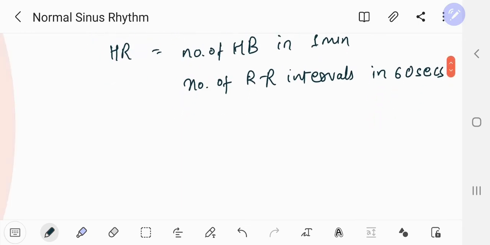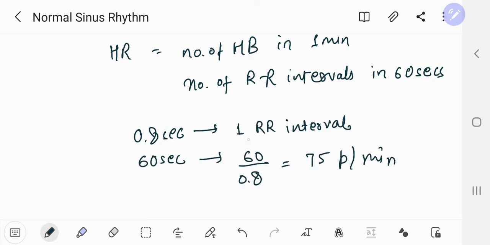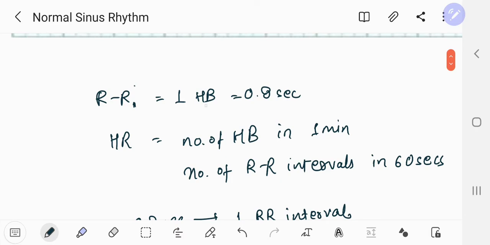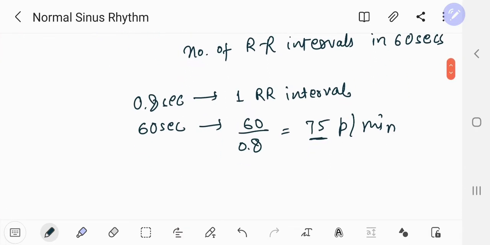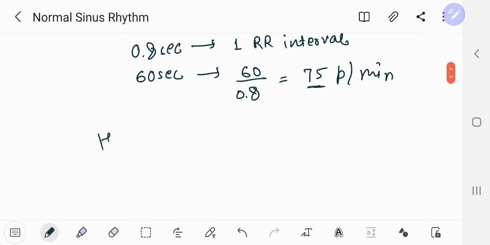If 0.8 seconds gives one RR interval, then in 60 seconds we'll have 75 RR intervals, and 75 RR intervals means 75 heartbeats in 1 minute or 60 seconds. On average, a normal person's heart rate may vary from 60 to 100 beats per minute.